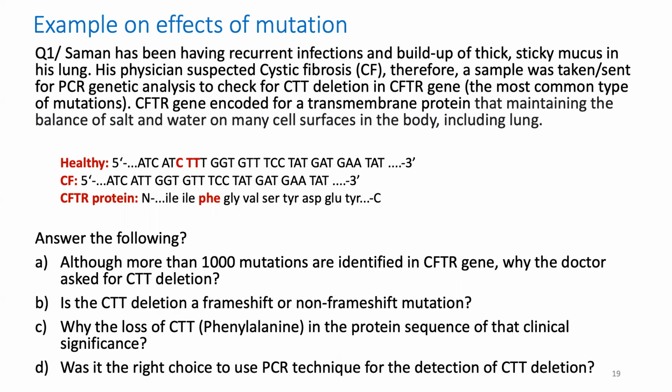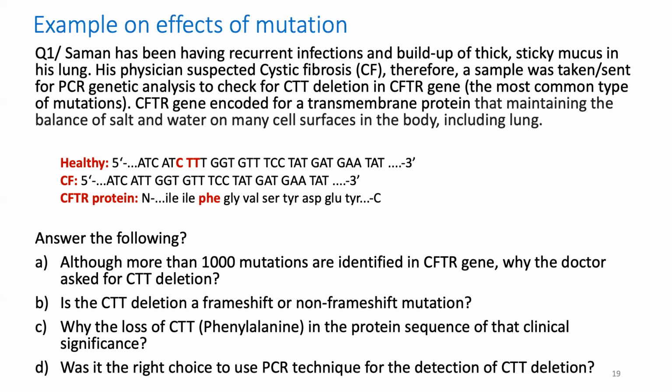So again, please pause the video, read the case, read the questions, and then write down your answers. If you could not find an answer, go back to the previous slides. So I'm assuming that you paused the video, so let's start. Someone has been having recurrent infection and buildup of thick, sticky mucus in his lung.